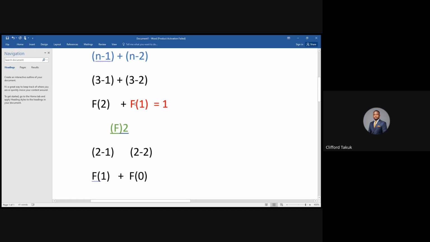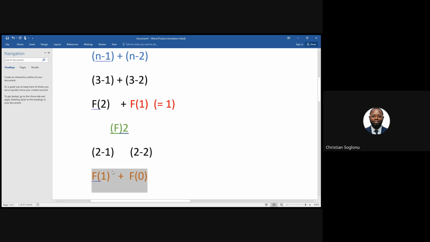Christian, highlight Fibonacci of 1 and then Fibonacci of 0 and change the colors to red, like the one you did for the Fibonacci of 1.